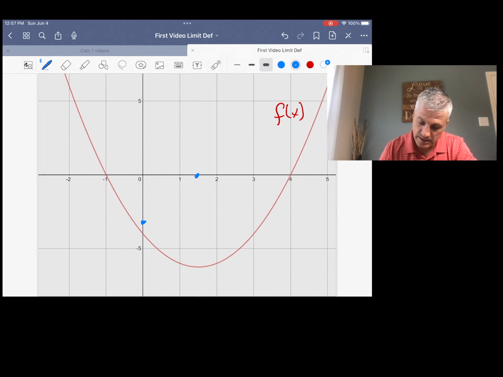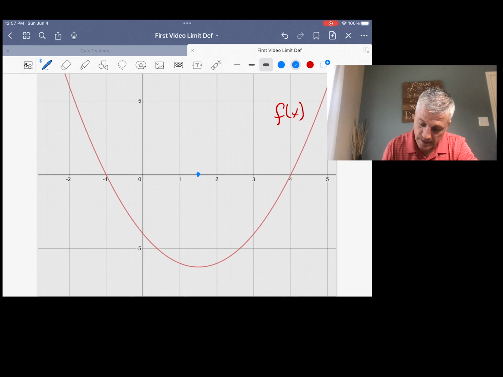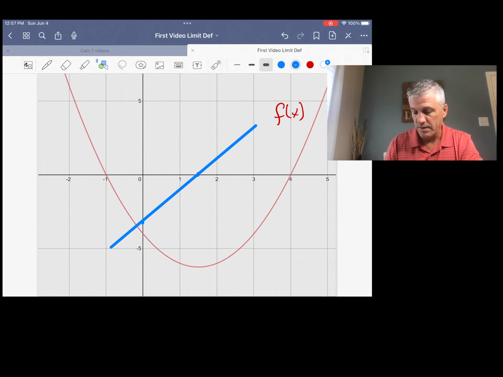Let me redo that. I can cheat on this note-taking app and have it draw a really nice line through these. Okay, so there is my derivative function, and this is f prime of x, okay?